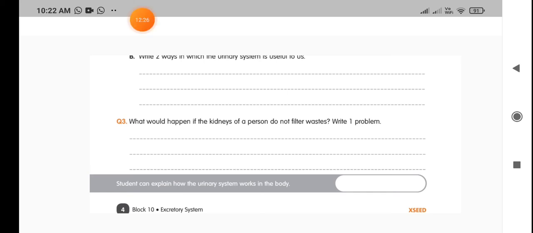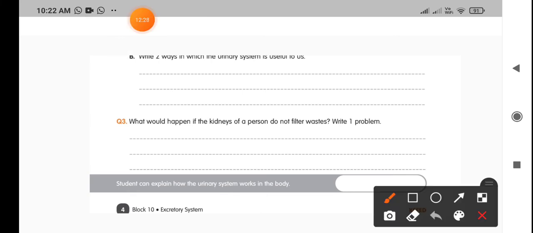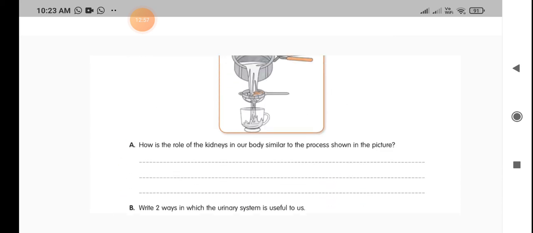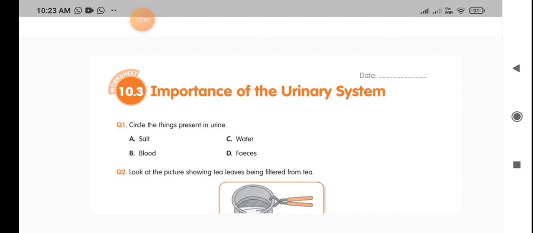If the person does not excrete the waste products from the body, these waste materials get accumulated in the body and cause harm for our body. They damage our kidneys. Kidneys cannot work properly so that the person can't do his regular activities. Yes? So these are the important functions of our urinary system.